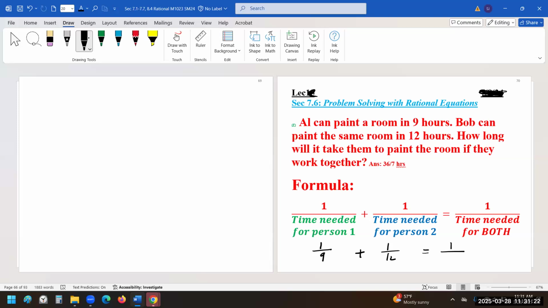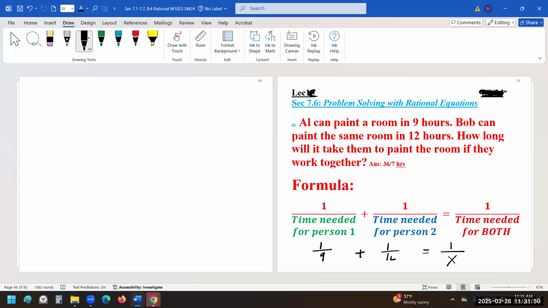So in math, when you don't know something, what do you use? X. Anytime you don't know anything, it's always X. So here we're going to get the together time, so it's X. Sometimes they'll give you the together time, but they will hide one of the individual times. That means that time, whatever you don't know, will be X.